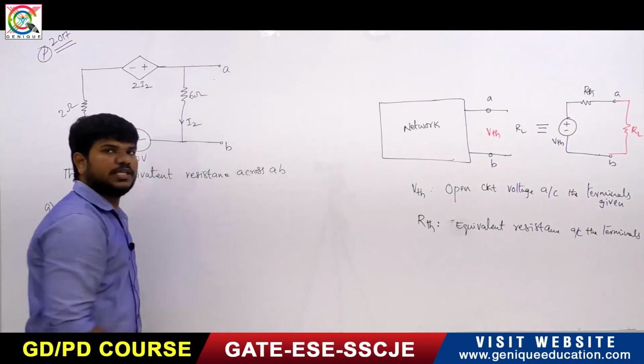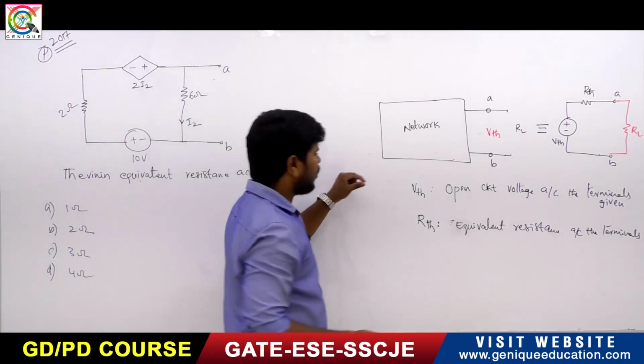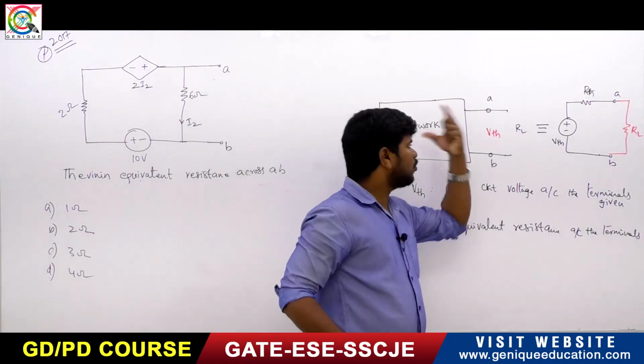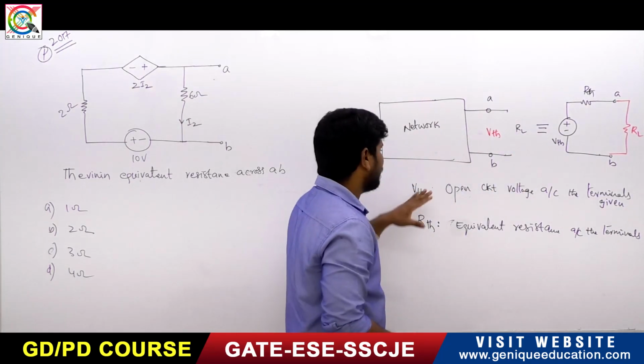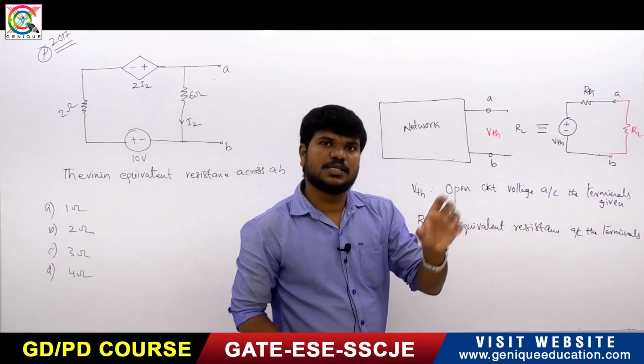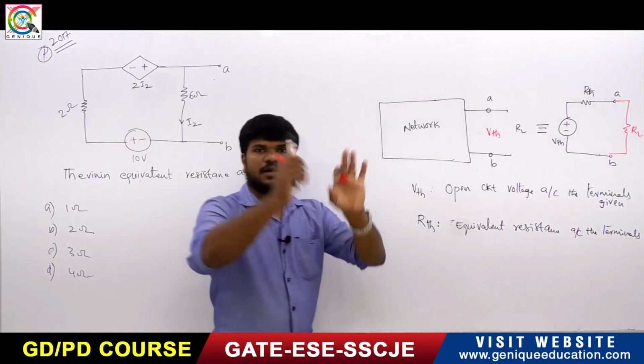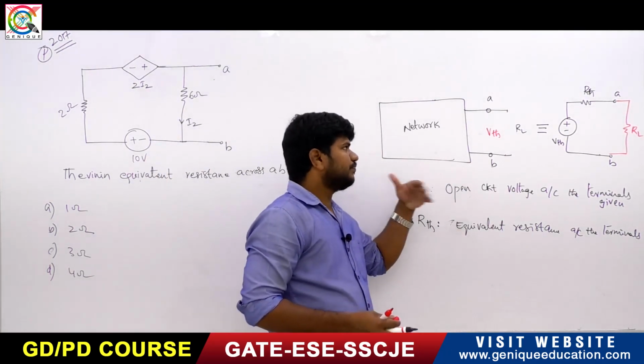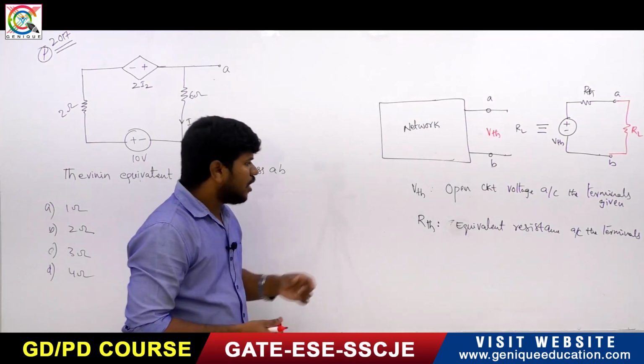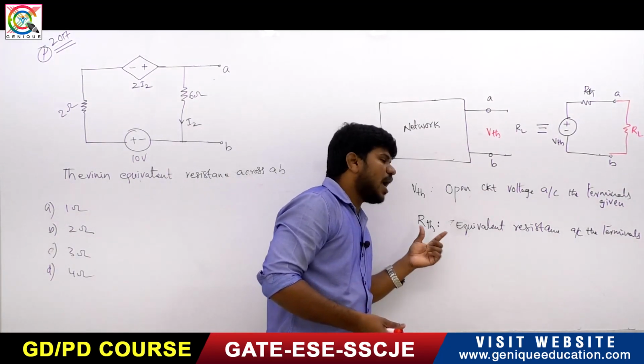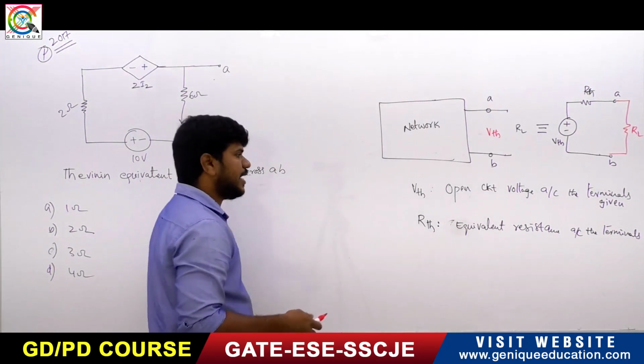These are the two things you have to identify. VTH means we have to remove RL and find the open circuit voltage from the remaining sources. Now, how to find RTH?